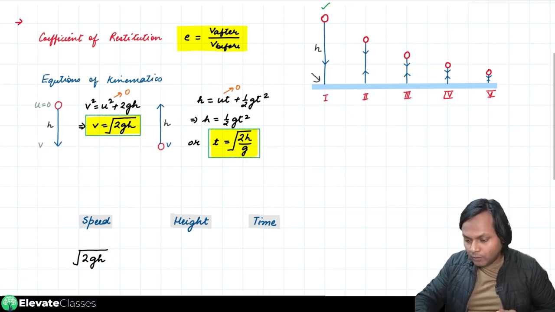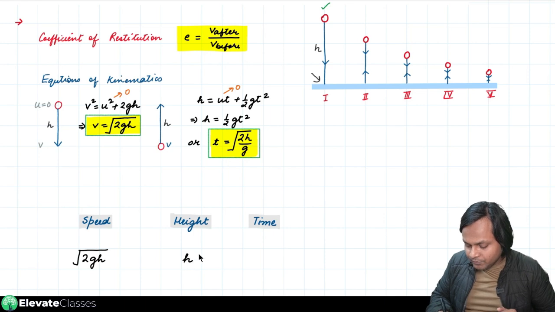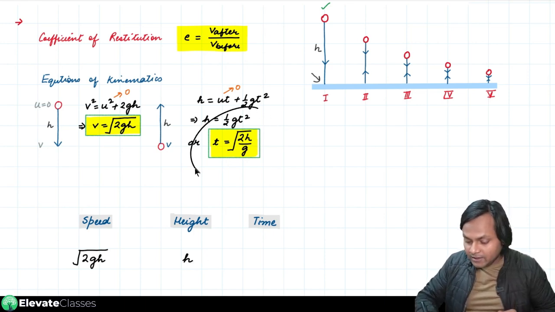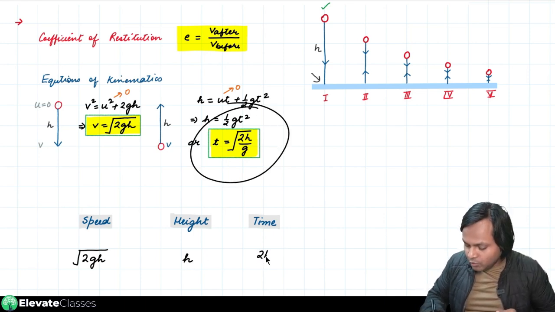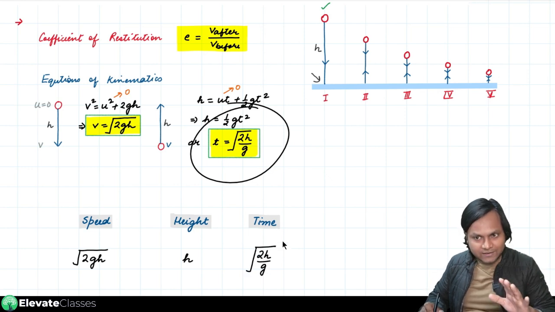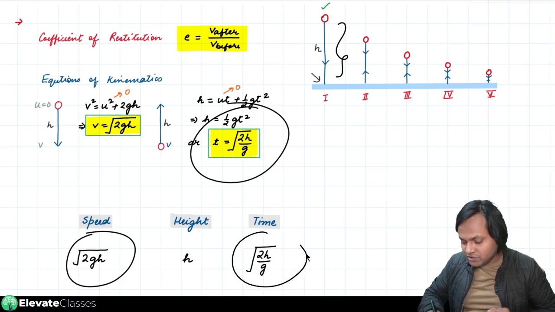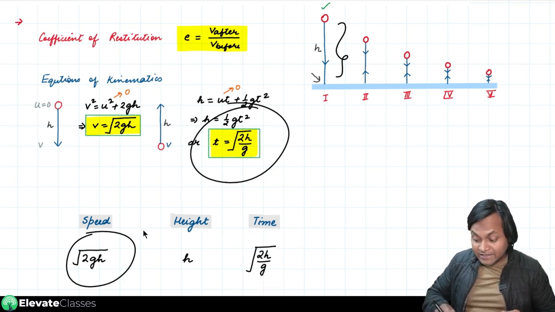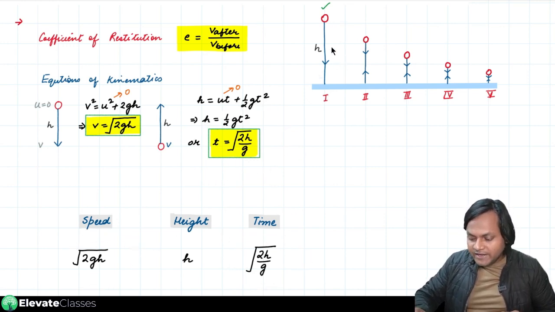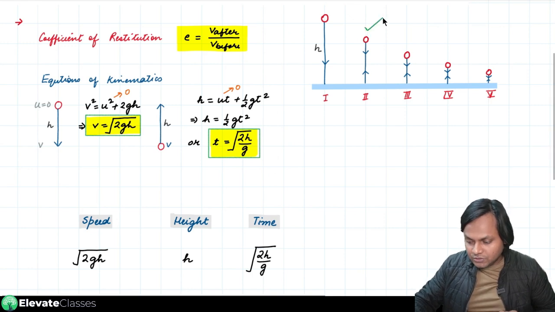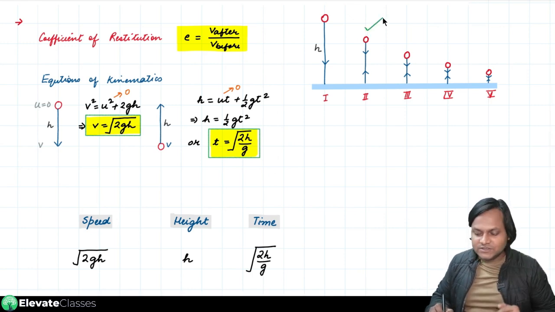And of course, it drops from a height of h, and in that process, it's going to take a time of root over 2h upon g. Quite simple, right? It drops from a height h, gains a speed of this much, takes up this much amount of time.